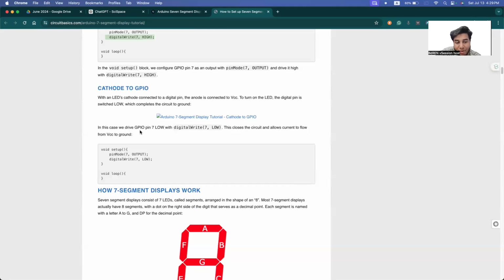In this case, we drive GPIO pin 7 low with digitalWrite 7 low. This closes the circuit, and current flows from VCC to ground. Whereas if you don't want the current to flow from this to ground, the circuit will be off, so the LED will be off.